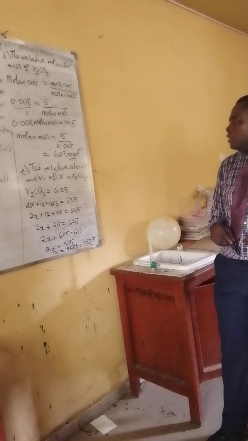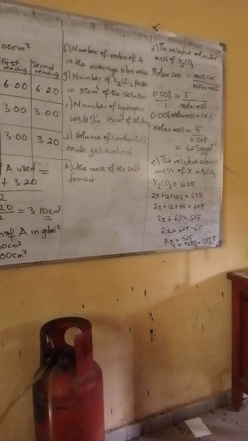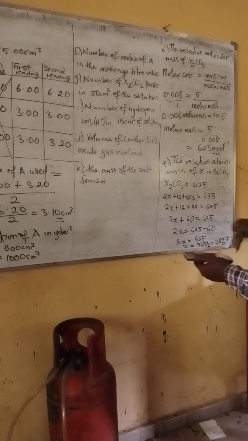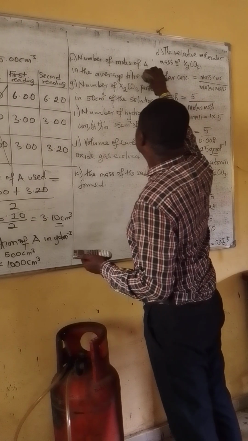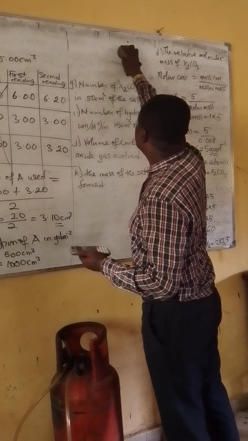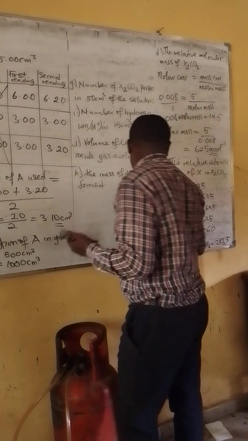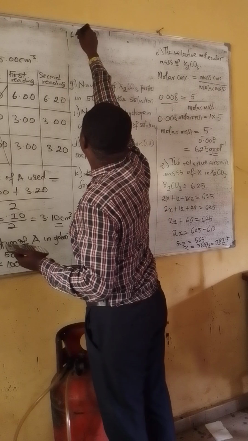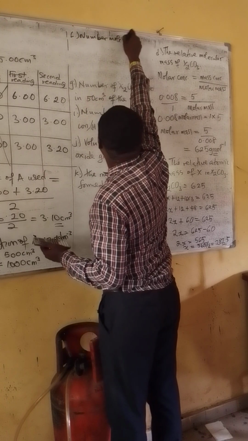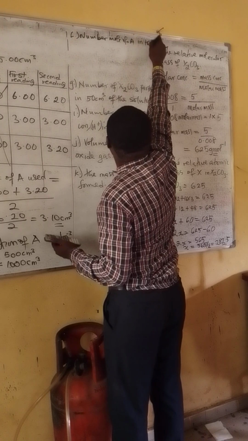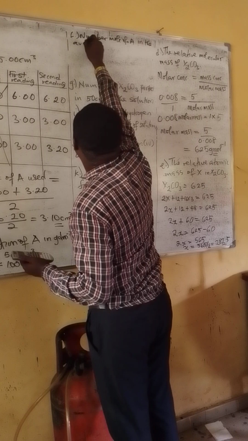Then the next question, which is F. Number of mole of A in the volume of the pipette. Number of mole of A in the average titer value.